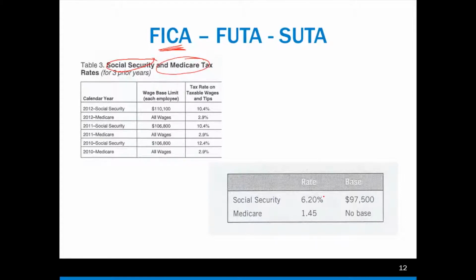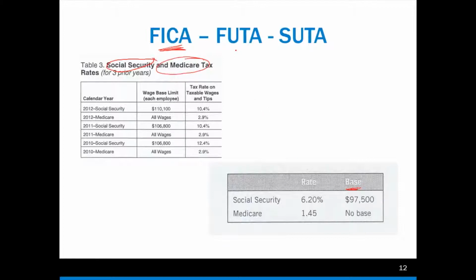Okay, so for Social Security we're going to use a rate of 6.2% and for Medicare 1.45%, and there's going to be a base of 97.5 for Social Security and no base for Medicare. Now, what this base means is it's a limit, and you'll see what I mean in a few minutes as I take you through an example of how to calculate Social Security and Medicare.